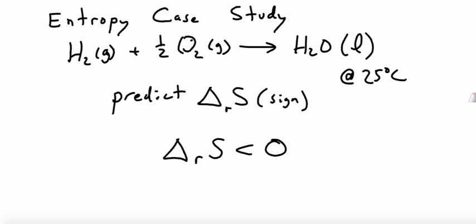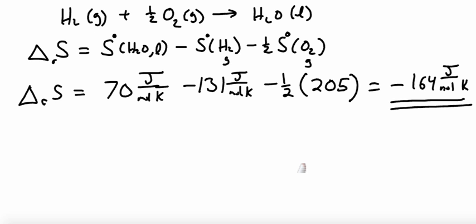You'll notice we predicted that delta S for this reaction would be a negative number, and indeed it is, negative 164. This definitely prompts the question, is this reaction possible? It's a very common misconception that all processes that are possible have a positive delta S. The entropy for the system always increases. But that's not true. What we care about is the overall entropy of the universe.